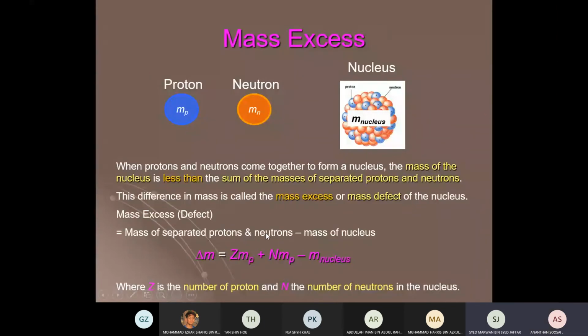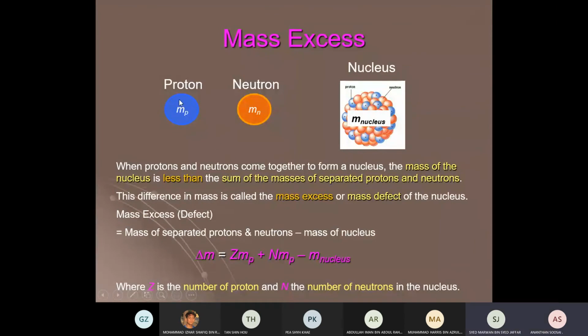Okay, so now we go into the theory of how mass is destroyed. First, the mass called mass excess. You're going to learn about mass excess or mass defect.